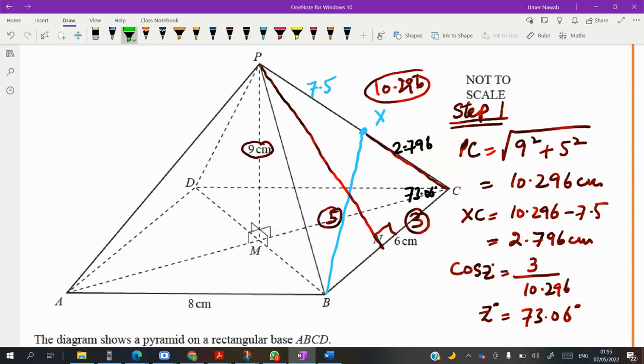Now, after finding 73.06, I'm ready to find the side BX. Since the XC side is known to me, the BC side is known to me, and the angle is known to me, I will use the cosine rule. That is the last step.